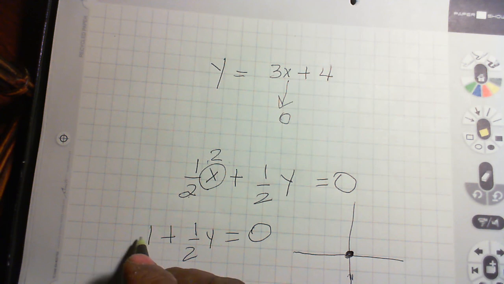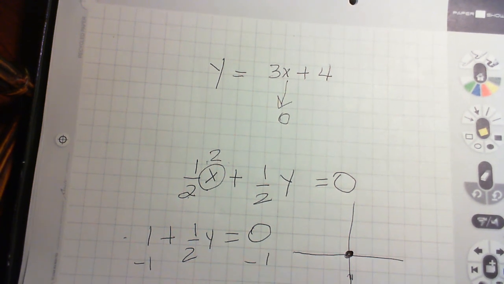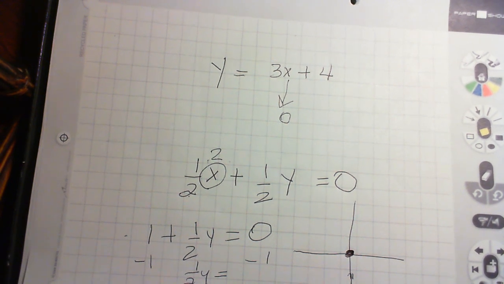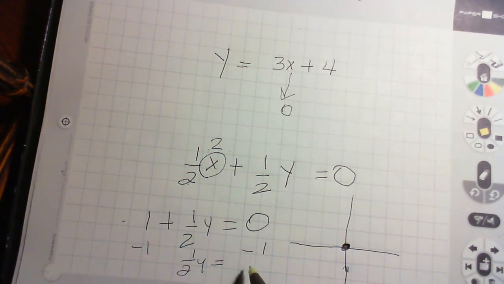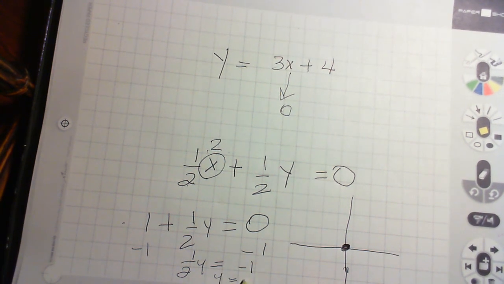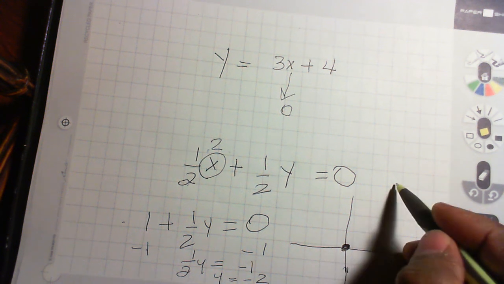Okay? So we take out a 1 on this side, take out a 1 on the other side, right? You have 1/2 y is equal to, let's push the notepad there, -1, right? y is equal to, multiply through by 2, -2. So we have a second point here. Remember, we let x equal to 2.